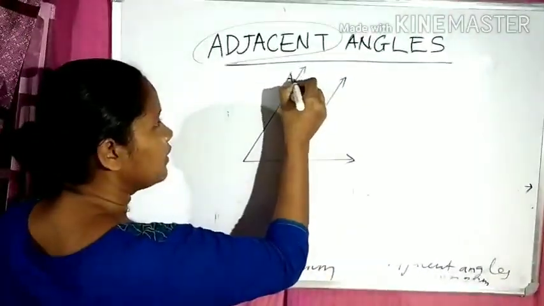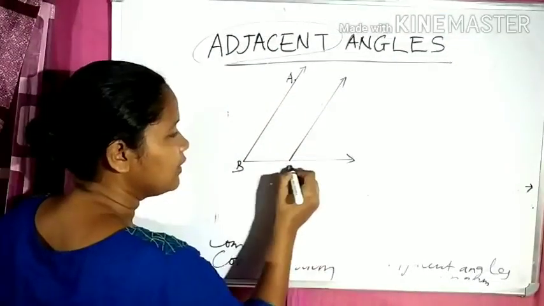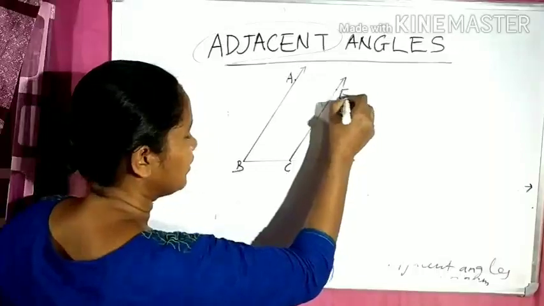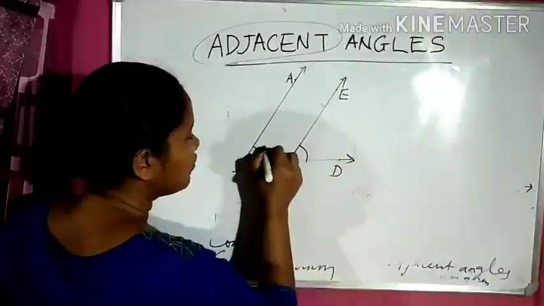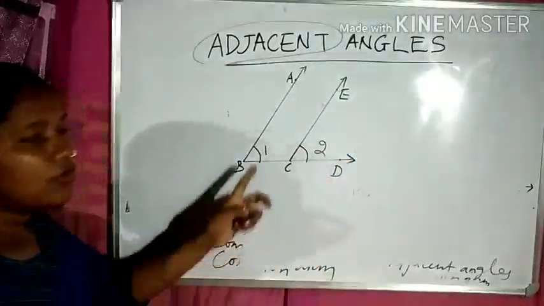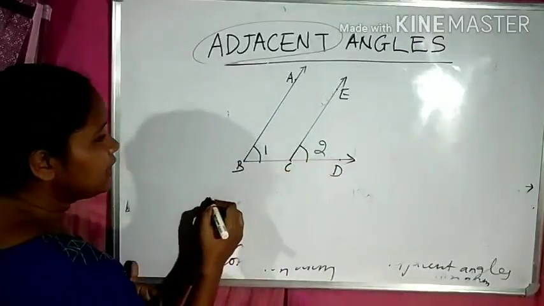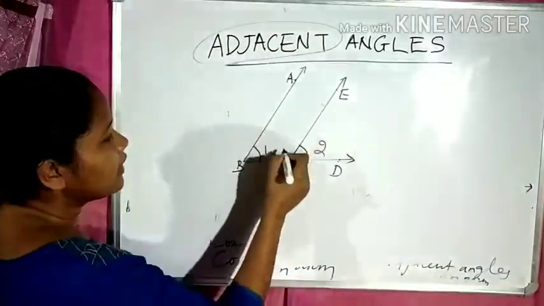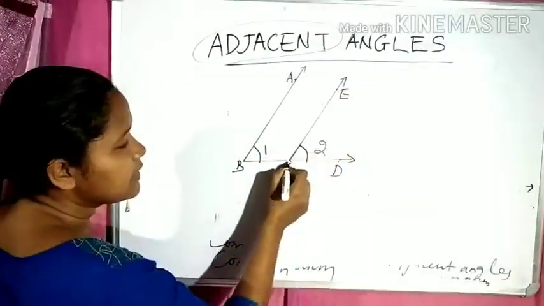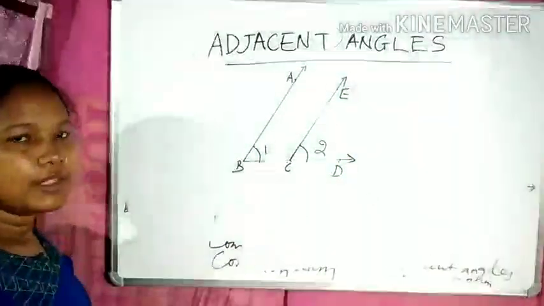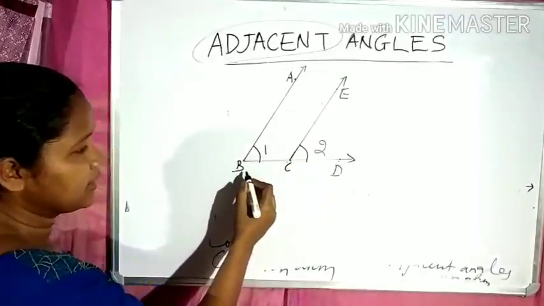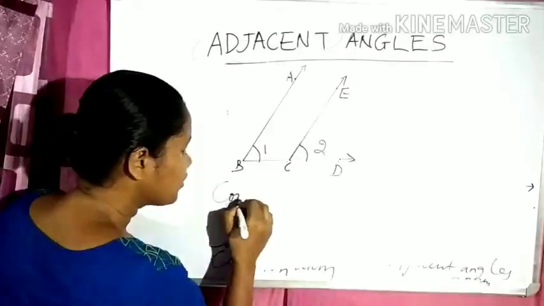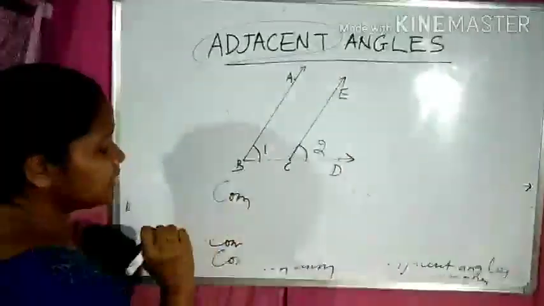Let the points be A, B, C, D, E. Angle 1 is angle ABD, and angle 2 is angle ECD. They are remaining side by side. Are they adjacent angles? First we'll find out.